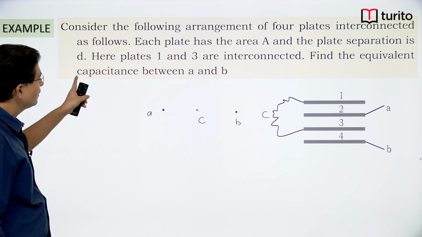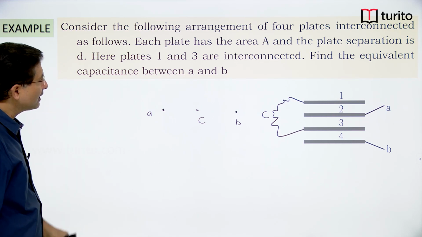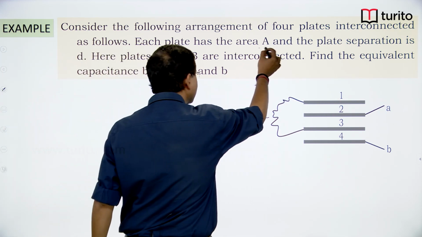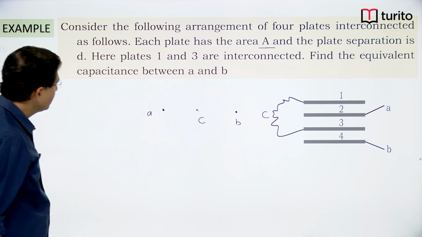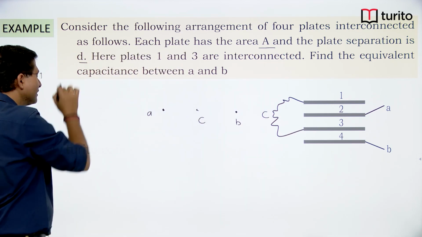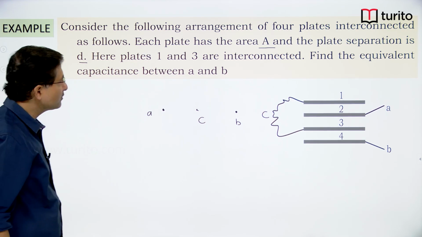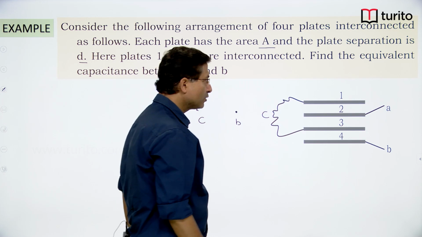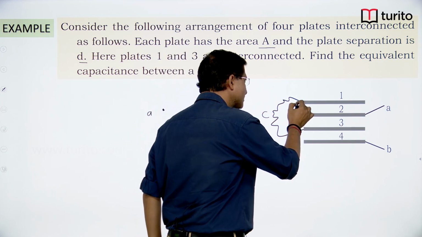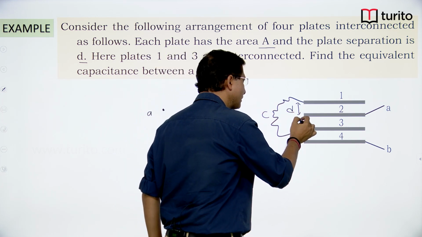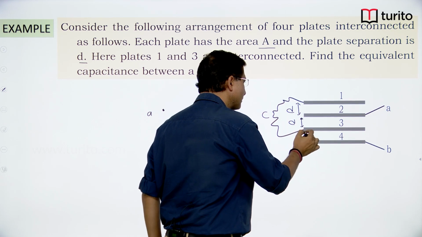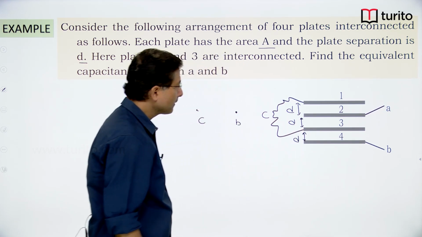Look at the problem: each plate has area A given, separation is D, also given, and we need the equivalent capacitance between A and B. So this gap is D, this gap is also D, this gap is also D, right.